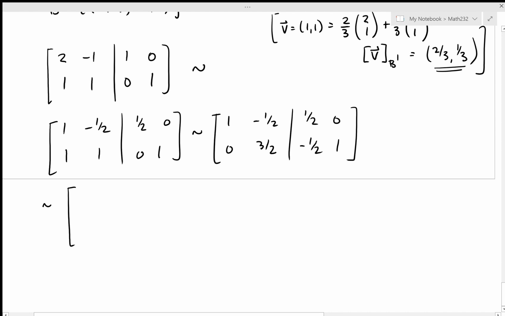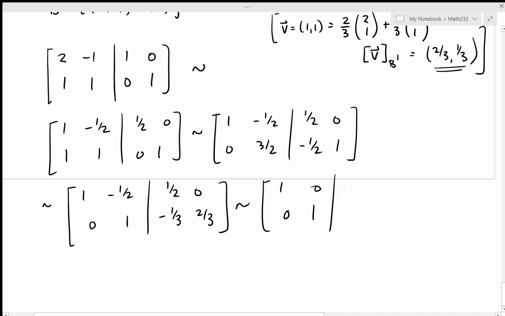Then what I'm going to do, multiply row 2 by 2/3. Okay, and then I'm going to take row 1 plus a half row 2. There it is.